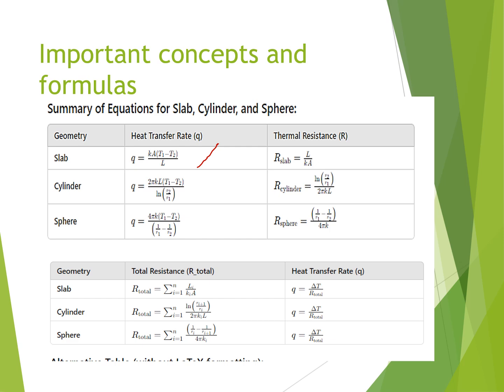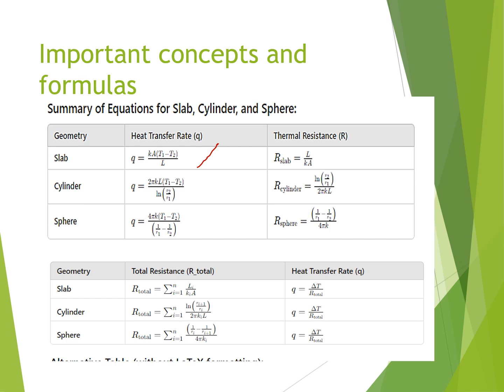Okay, so here I have shared the formula for slab, that is kA ΔT over L, where k is the thermal conductivity, A is your area, ΔT, T1 minus T2, is your temperature difference, and L is the thickness of the slab. When it comes to cylinder, we get 2πkL, that is your longitudinal cylindrical area, and in the denominator we'll see logarithm of r2 by r1.